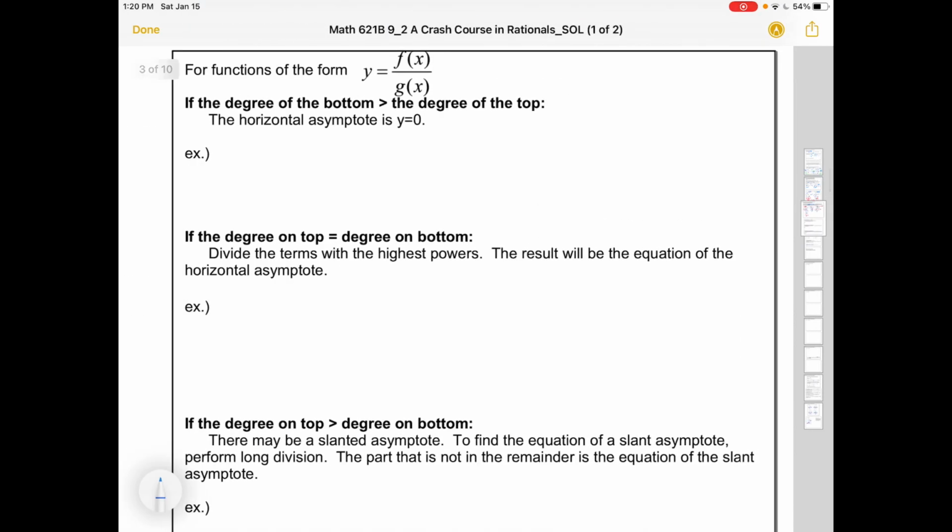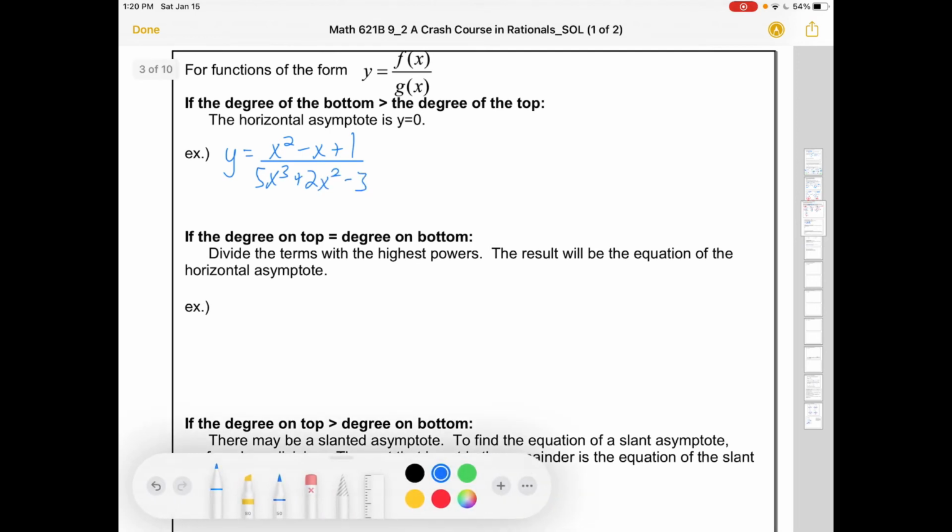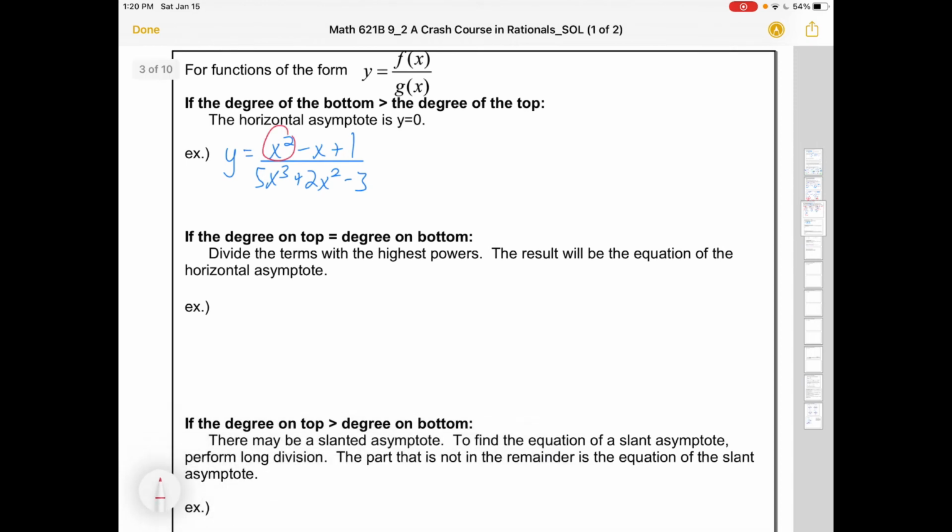As a set of fairly concise rules, if you have functions where it's polynomial over polynomial, and the degree on the bottom is greater than the degree on the top, let's say y equals x squared minus x plus 1 all over 5x cubed plus 2x squared minus 3, all that matters for the horizontal asymptote is the relationship between this term and this term.